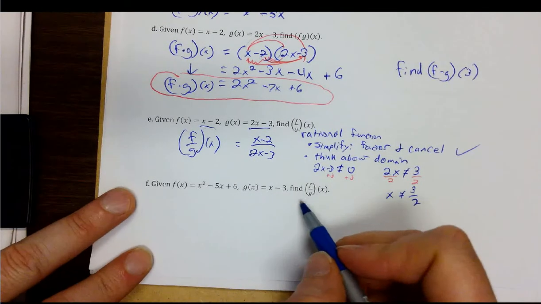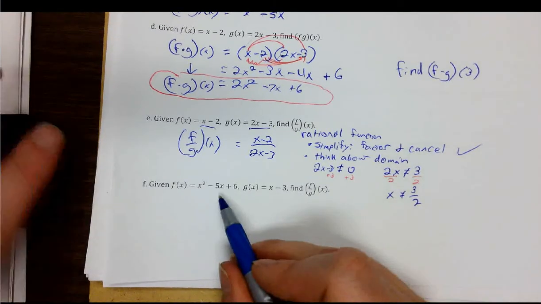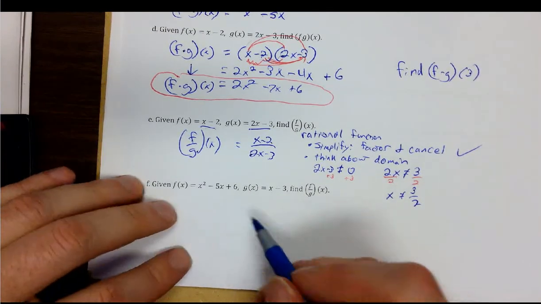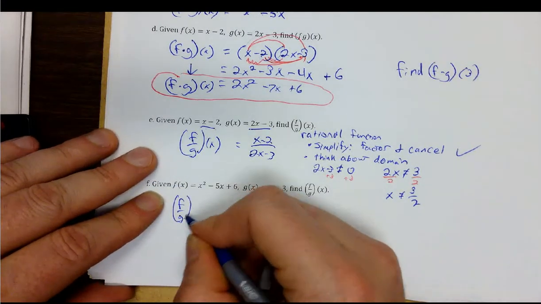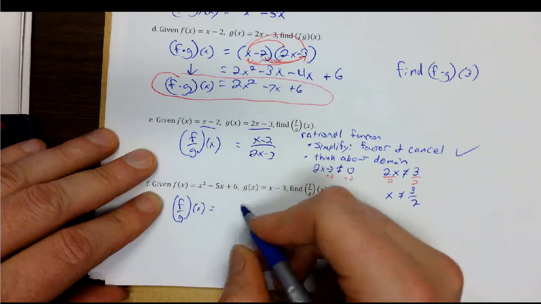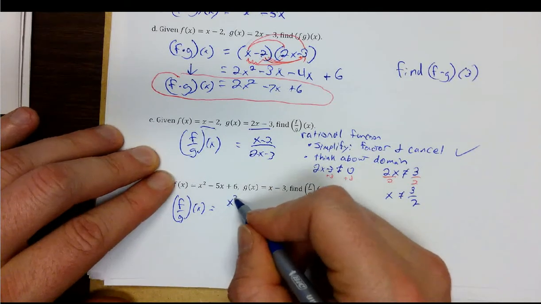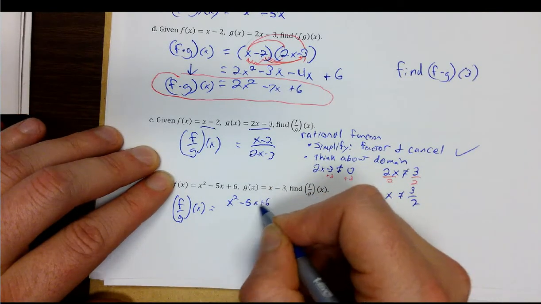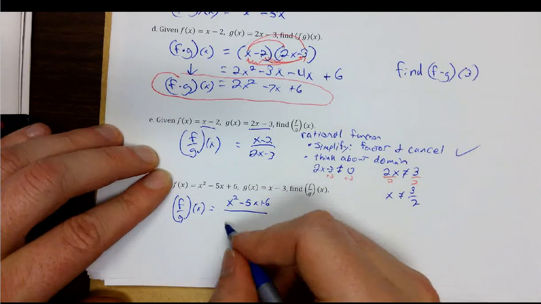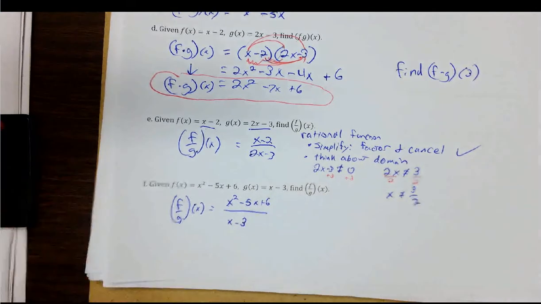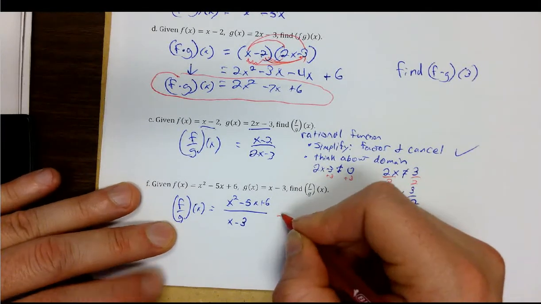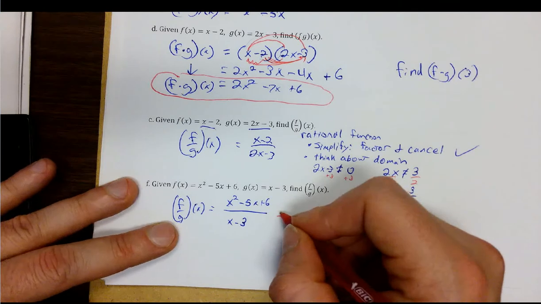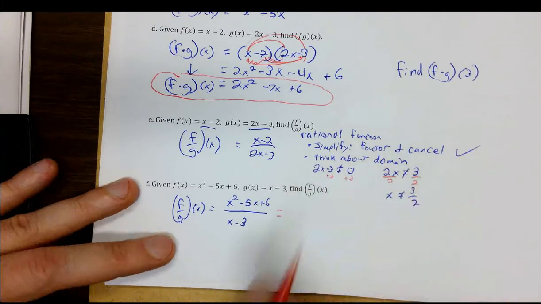Finally, I've got another one here, f divided by g, but this time I've got one that's going to simplify. So when I write this out, my f of x is x squared minus 5x plus 6, and g of x is x minus 3. Now, you can factor this however you like. Since this is not a video about factoring, I'm just going to do it very quickly.